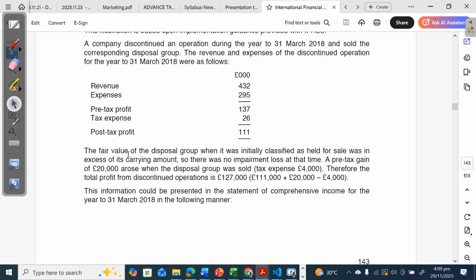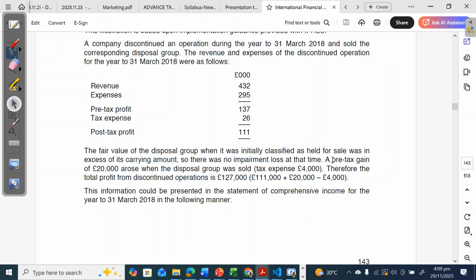The fair value of the disposal group when it was initially classified as held for sale was in excess of its carrying amount. So there was no impairment loss at that time.